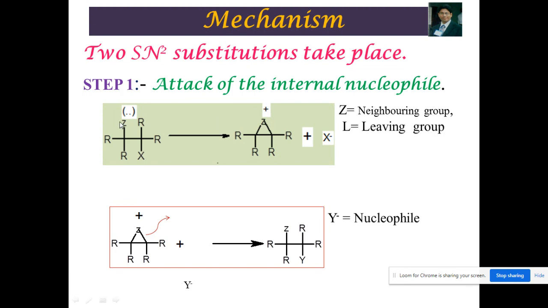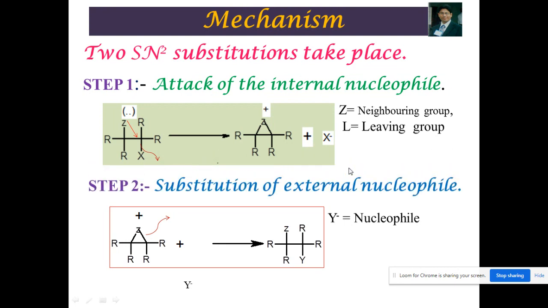Here, the neighboring group containing the lone pair attacks the carbon center which holds the leaving group, and this leaving group departs to form this product, where Z is the neighboring group and X is the leaving group.